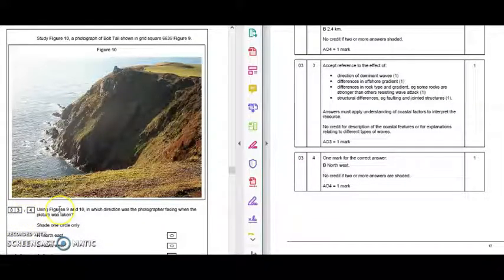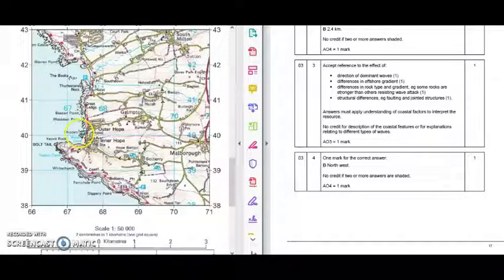3.4. Using figure 9 and 10, in which direction was the photographer facing when this picture was taken? So this is a photograph of Bolt Tail, and on figure 9 we can see that it's this part here. So there's a photograph of this headland. So where was the photographer standing and which way were they facing?